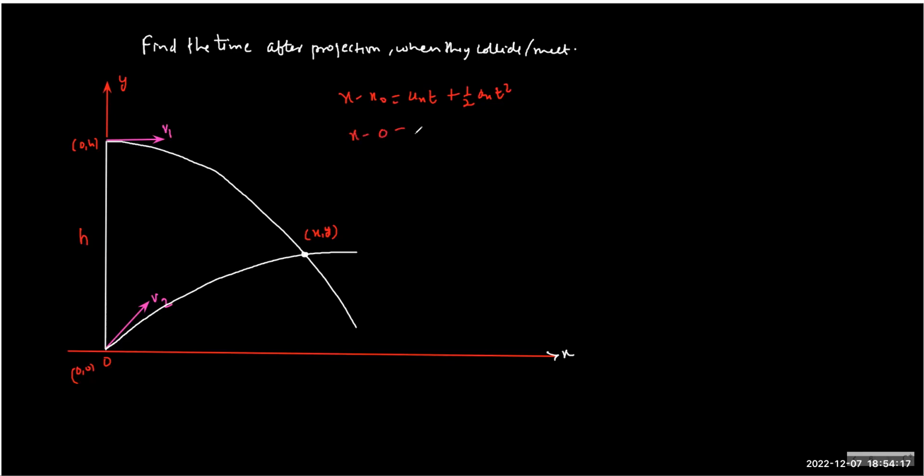So for the first particle it is v1t, that's it. And for the second particle it is how much? Okay, so we need to assume some angle, right? Let's say theta. So what can you write? For the second particle, what is the x component of velocity?